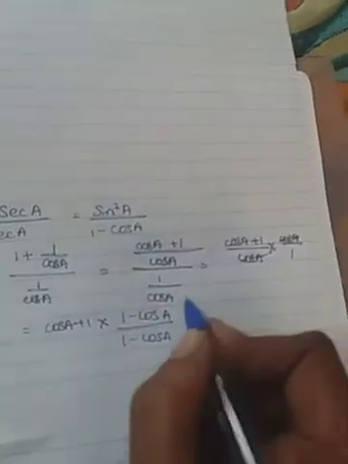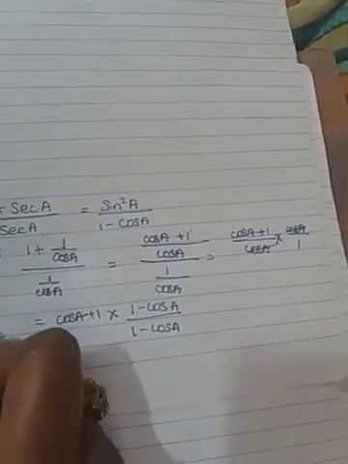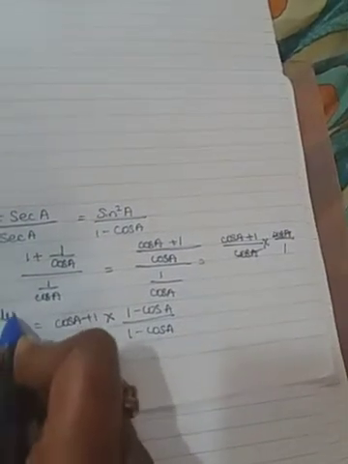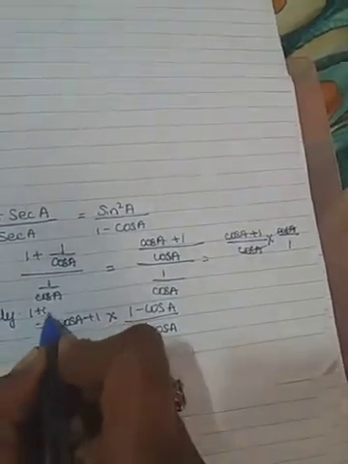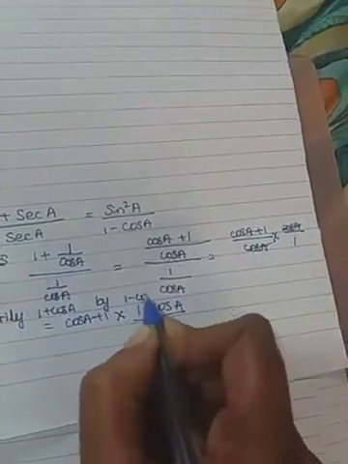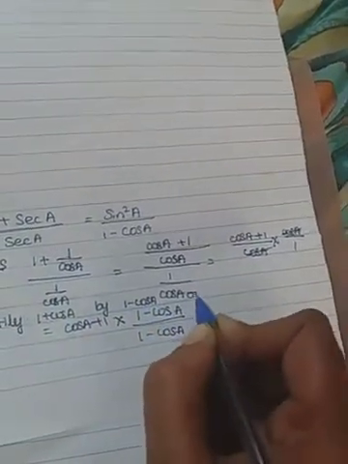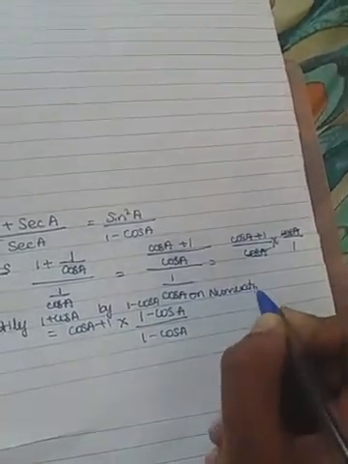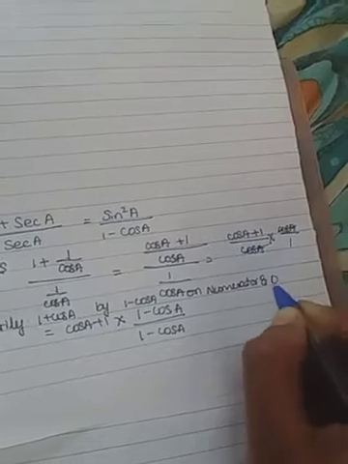You can write one more line here: multiply 1 plus cos a by 1 minus cos a on numerator and denominator.